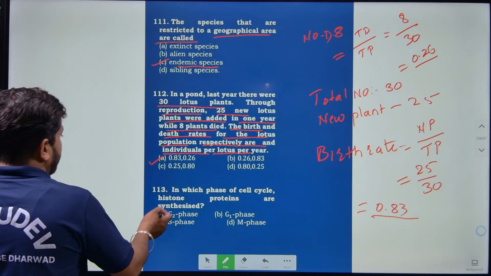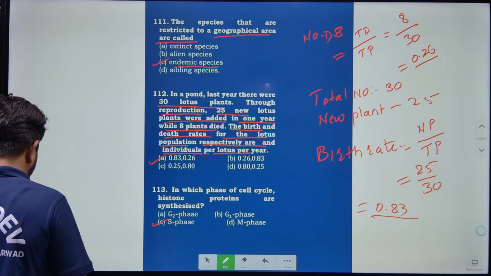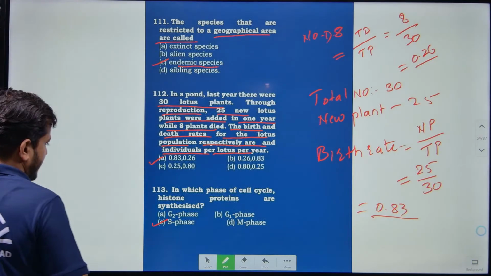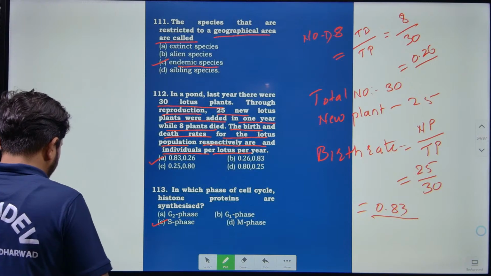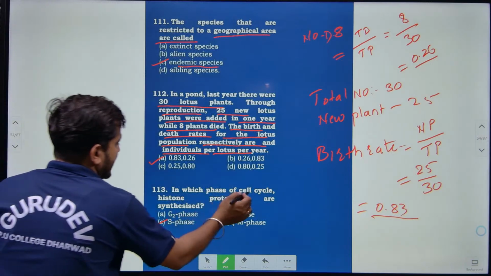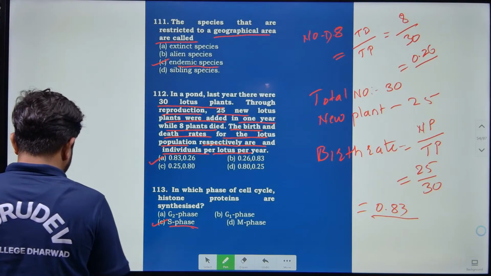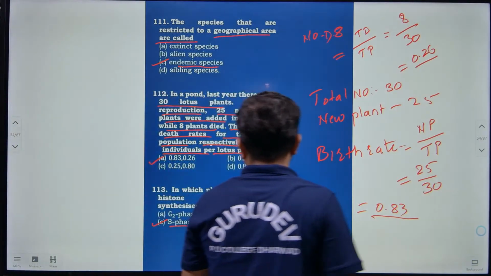So in the S phase only are the proteins synthesized. So what they are asking here, in which phase of the cell cycle histone proteins are synthesized, is the S phase.